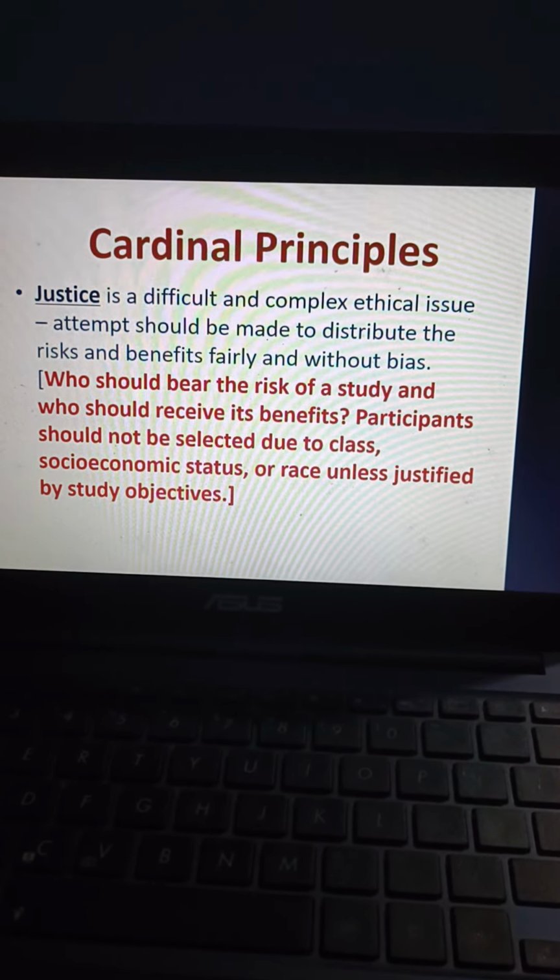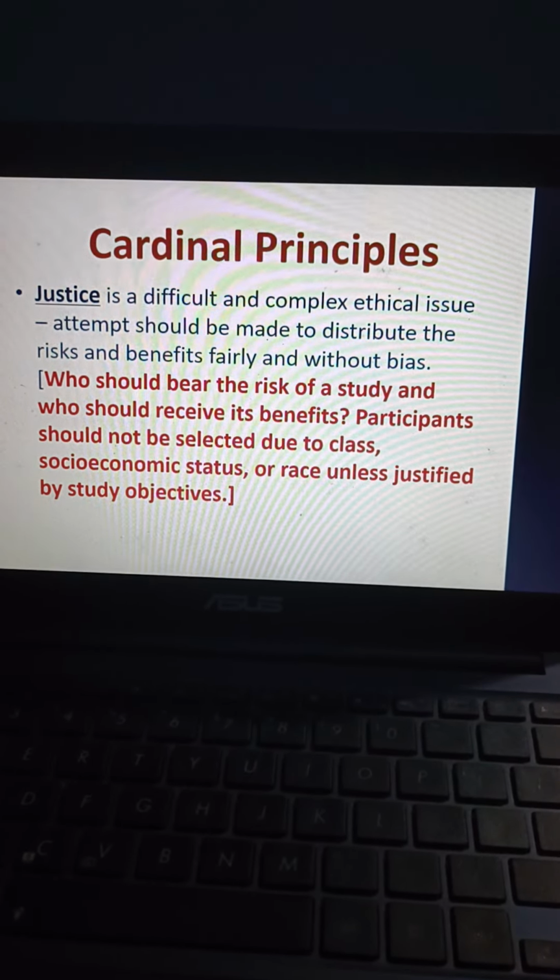Then coming to the GCP purpose. The purpose is quality data plus ethics is equal to GCP. Data and reported results are credible and accurate, that is quality data. Rights, integrity and confidentiality of trial subjects are protected, that is called ethics.